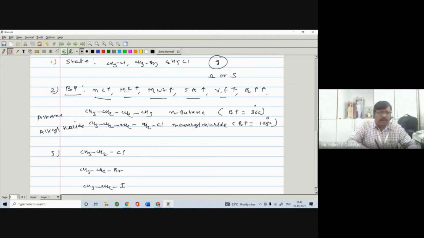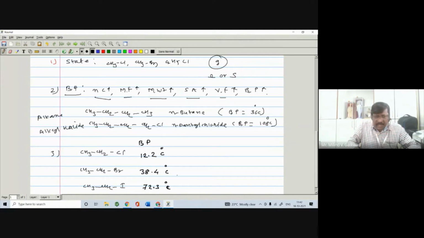12.2 degrees centigrade, then 38.4 degrees centigrade, and 72.3 degrees centigrade.